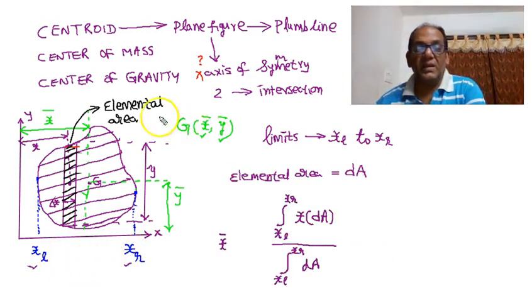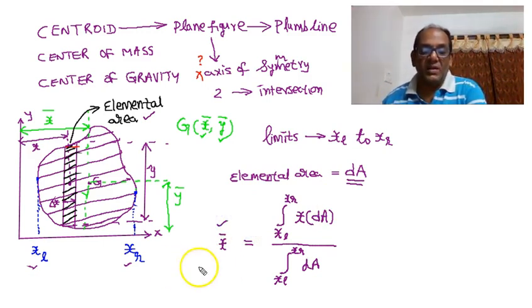Let us designate this elemental area at a distance of x and a height of whatever y is dA. With this understanding, we write an expression for the x coordinate of the centroid, represented by x with a dash on the head.